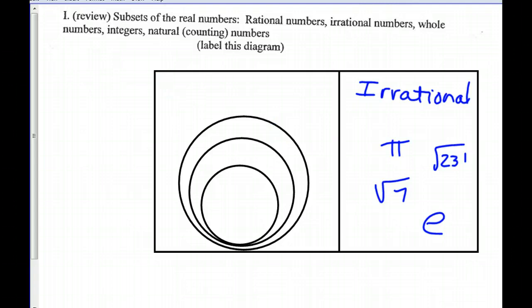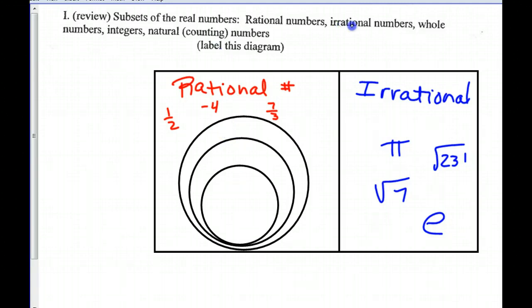All right, we're not going to have room to put too many examples of these other things, but over here we have rational numbers. And that's everything that can be written as a fraction. So it would include 1/2, -4, 7/3, which would be a repeating decimal. I don't know, is that enough examples?